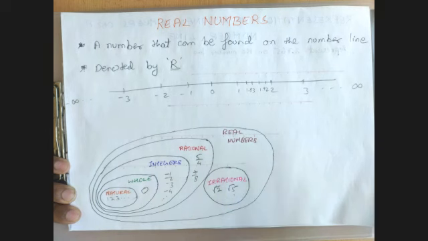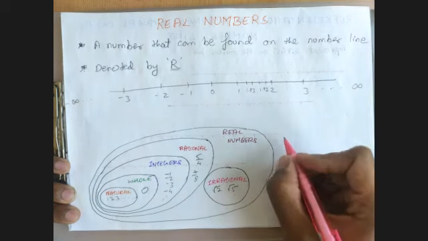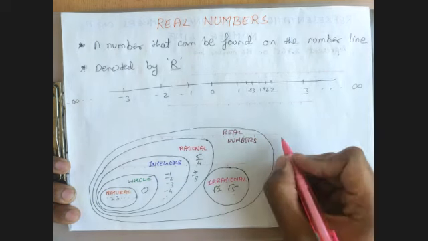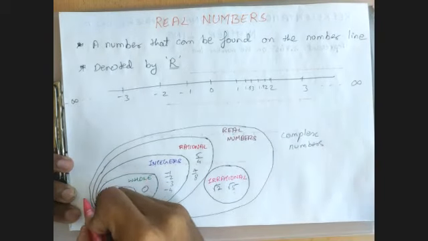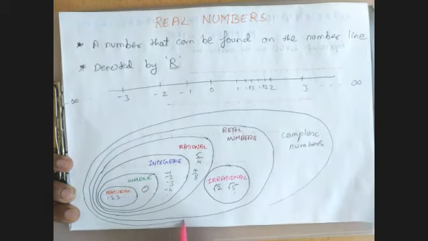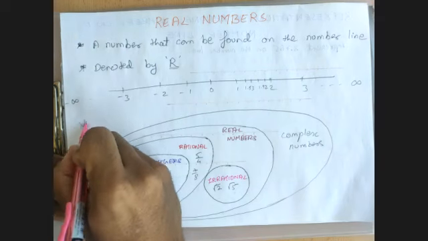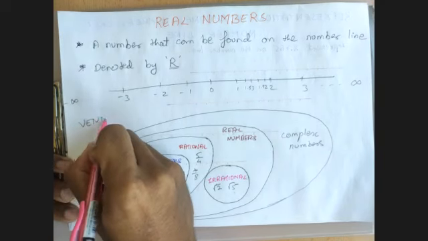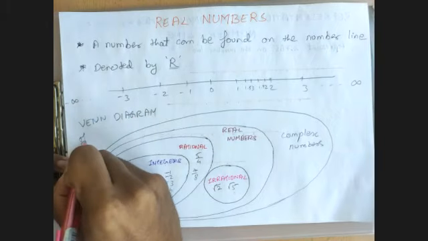We would be learning in our higher standards that there is another set of numbers called complex numbers. This includes the whole of the number system. So this is the Venn diagram of the number system.